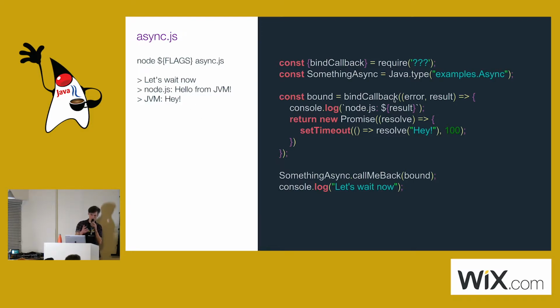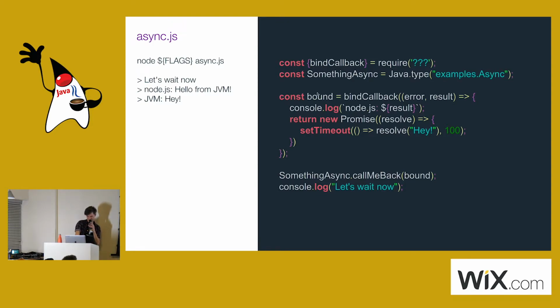You call this bindCallback with a JavaScript function. It returns to you a Java function that you can give to Java code, and that can later on be executed safely on another thread. And the Java side can also get the result from this computation, right? That would be amazing.